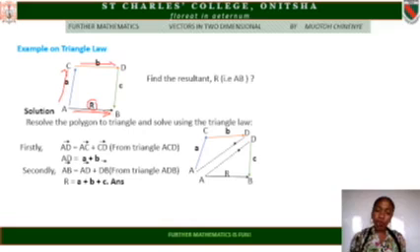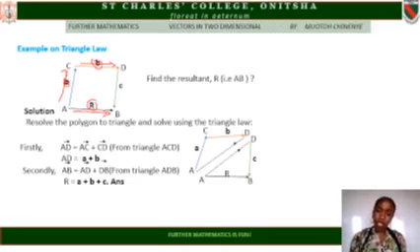It is the same as moving from A to C, and when you stop at C, you move also from C to D. With that, vector AD is equal to vector AC plus vector CD. Since vector AC is equal to A and vector CD is equal to B, then vector AD is equal to vector A plus vector B.